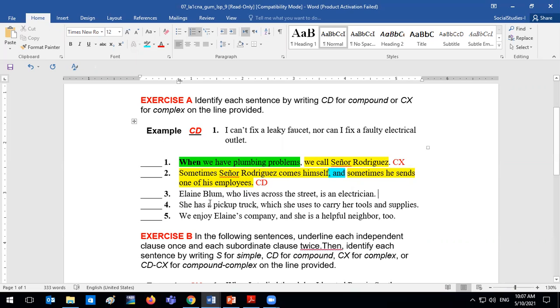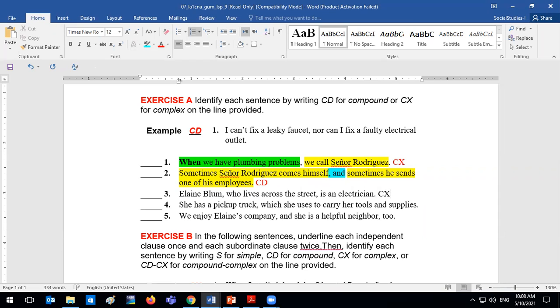Yes, miss. Please tell me number 3. Is it compound or complex? The choices are only compound and complex. It will be complex. Good. It is complex.